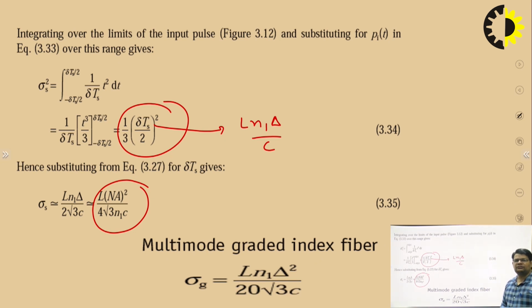As we have calculated for the step index fiber, in a similar way we can calculate the RMS value of intermodal dispersion for the graded index fiber in terms of delta as L n1 delta squared by 20 root 3 c.